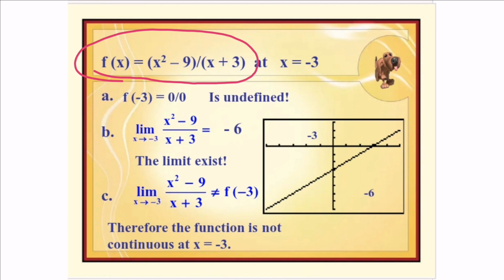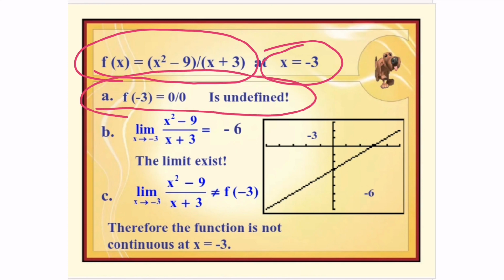So we want to discuss continuity of the given function at the point x equal to minus 3. First, we substitute directly the value of x equal to minus 3 in the given function. So f of minus 3 is of the 0 by 0 form. So this is undefined. Means that the function is not defined at the given point.